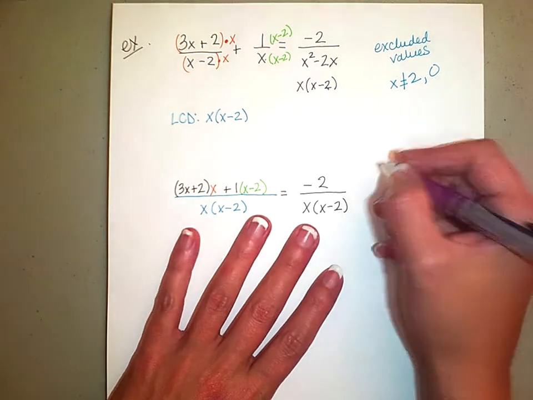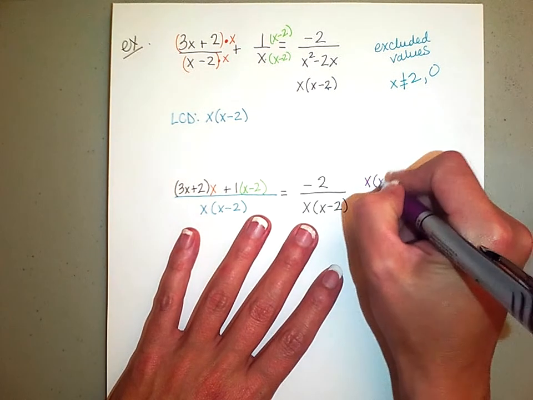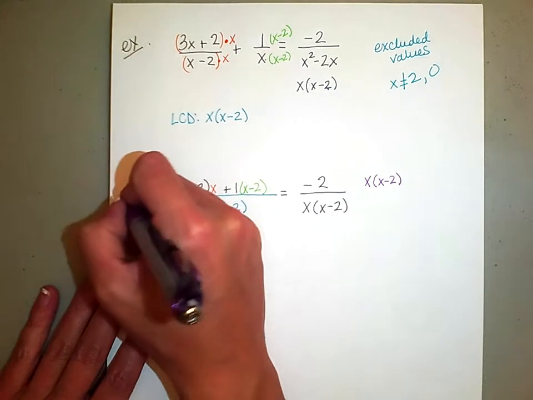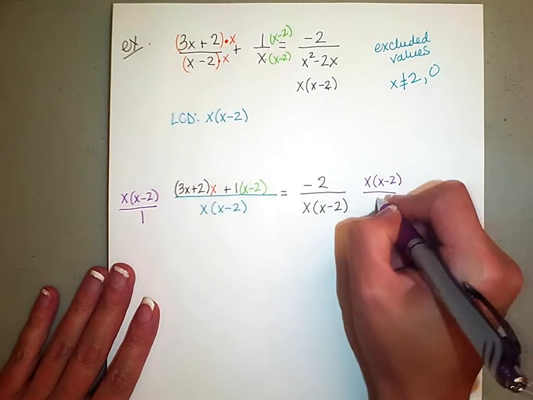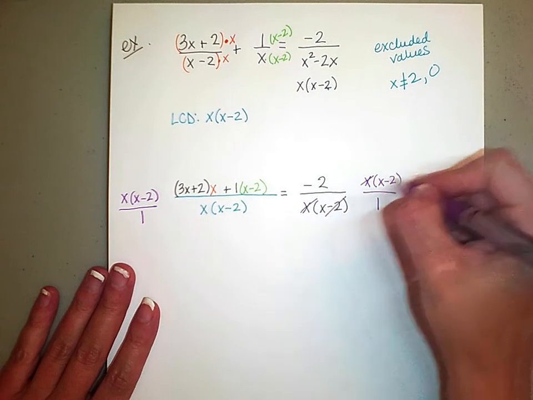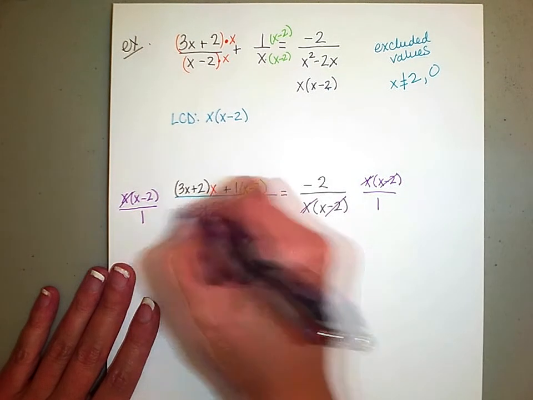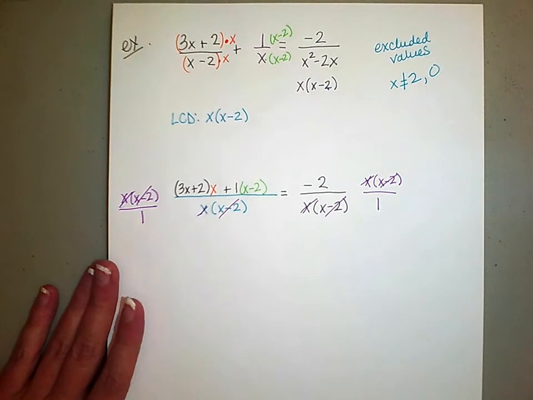Once we have the common denominator, let's multiply through by that to clear the fractions. Over 1, over 1. x's, x minus 2's, x's, x minus 2's.